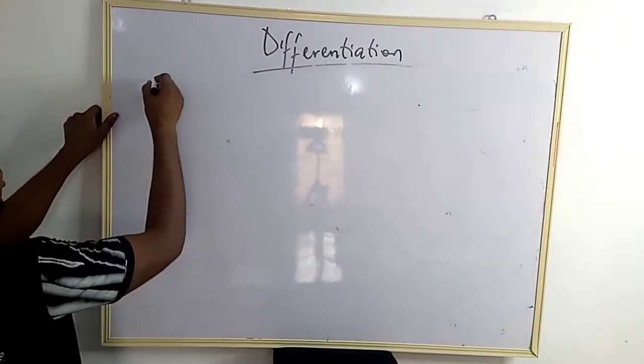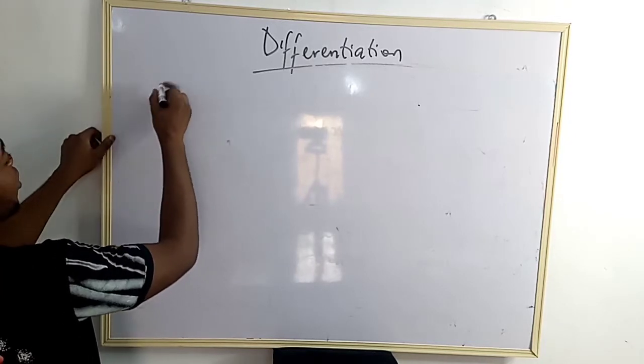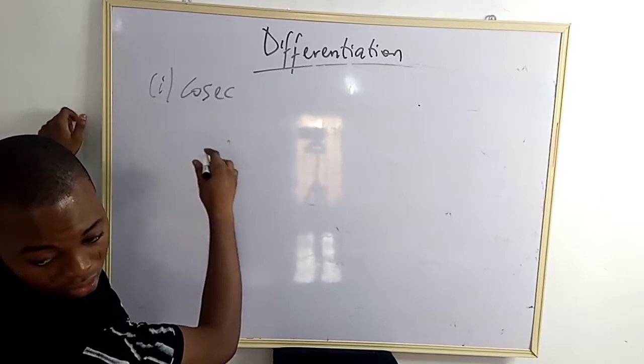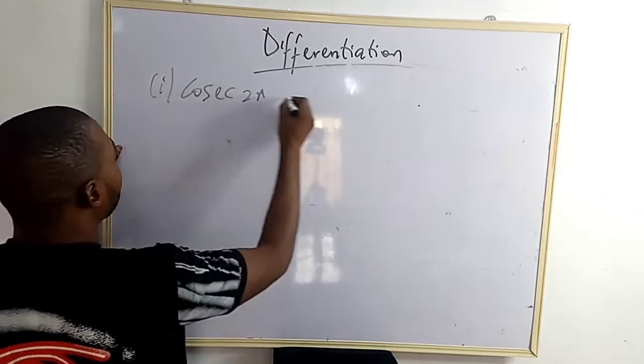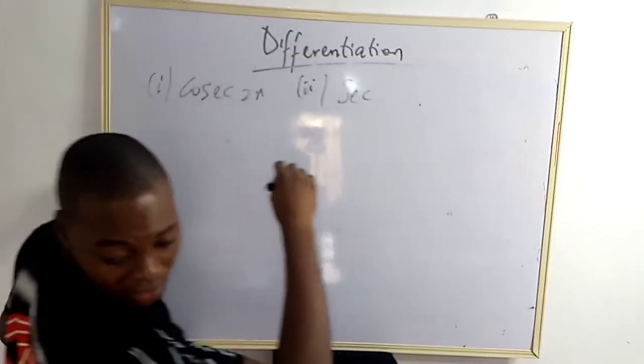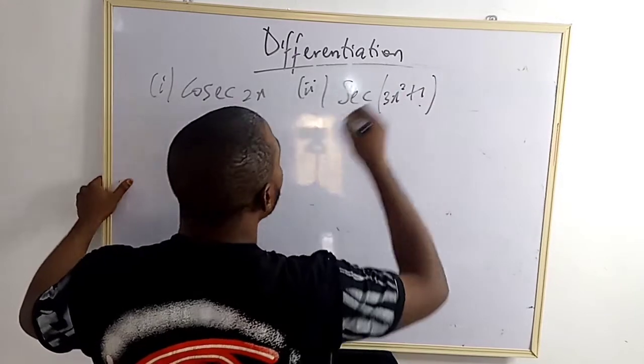So the first question we solve is that if y is equal to cosec 2x times sec (3x squared plus 1).